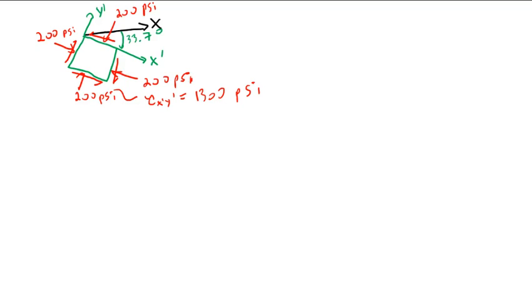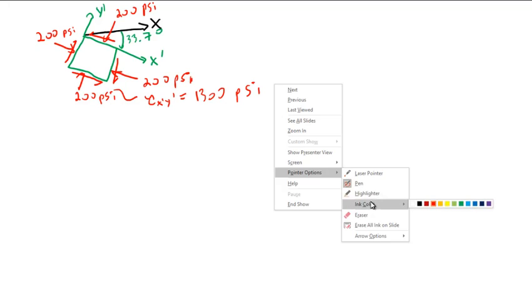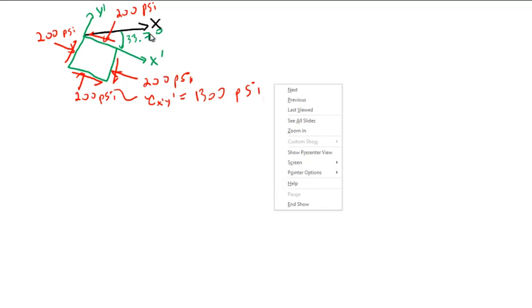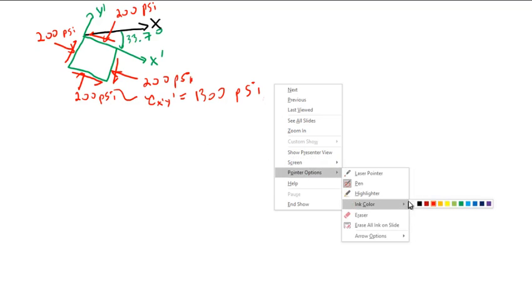Okay. Now there is another location of maximum shear stress, and that would be another way to get another location of maximum shear stress is going to be 90 degrees away. This one is 33.7 degrees down from below the x-axis. Another one would be 90 degrees clockwise from that, or 90 degrees counterclockwise from that.